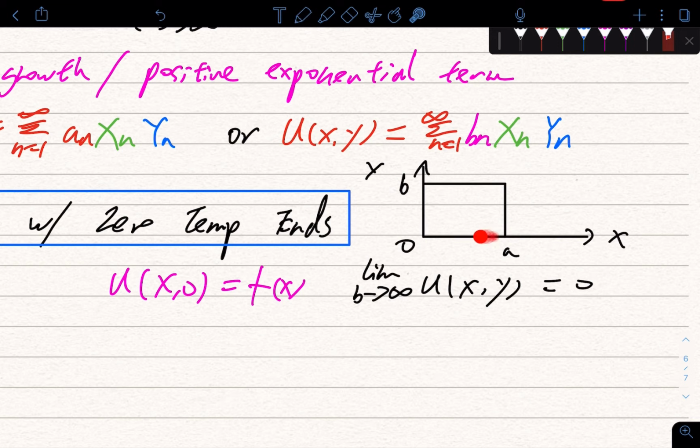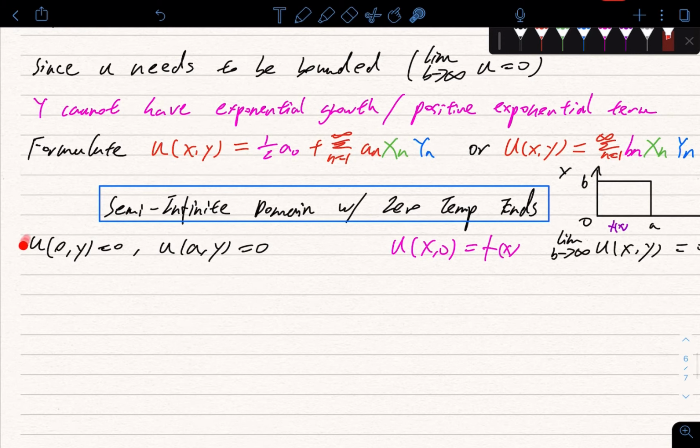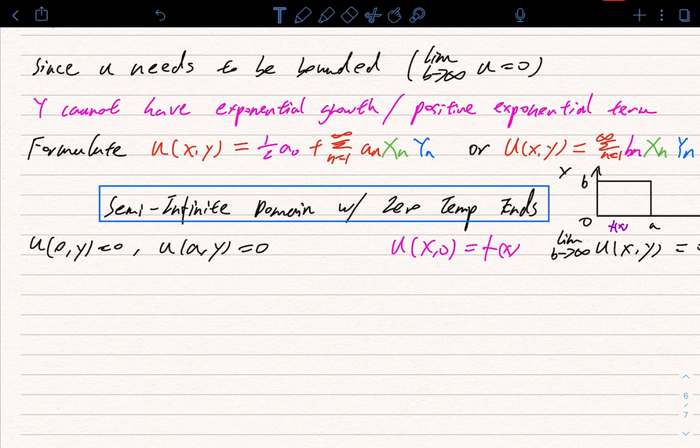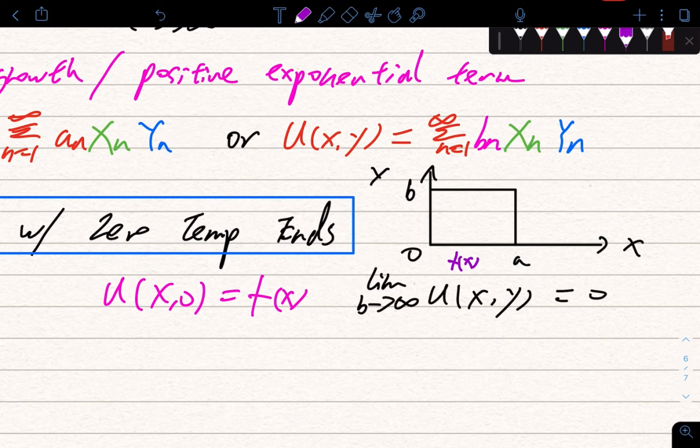So what this shows on the diagram is, on the x-axis, this will be our initial heat profile, f of x. And then these two boundary conditions tell us that on this boundary and on this boundary, the temperature is 0. So u equals 0 all the time.